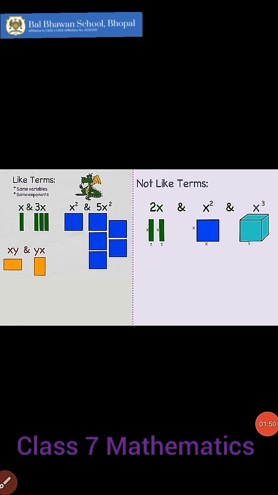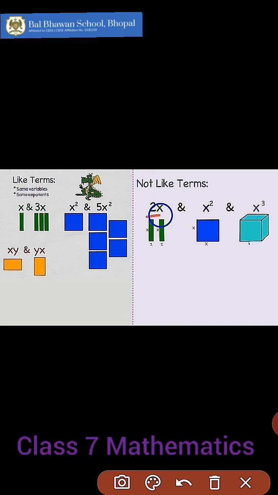Now the terms which are not like will not have the variable or the power of the variable same. Like here we have x, x square and x cube. The three of them are having three different powers of x. Although they have x similar, but the powers are different.